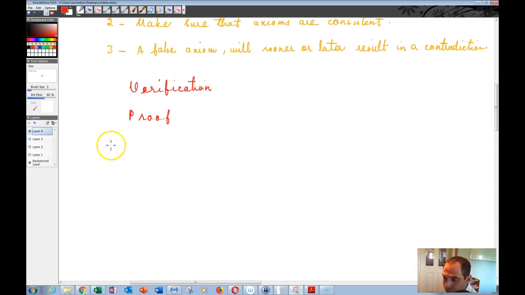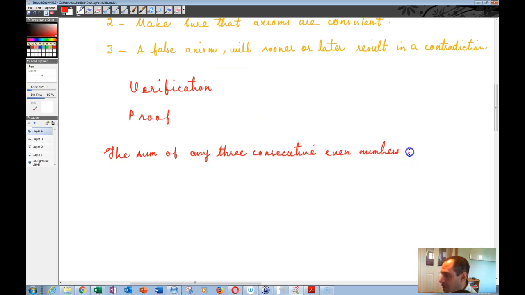If I were to make a statement and say that, for example, the sum of any three consecutive even numbers is divisible by 6.